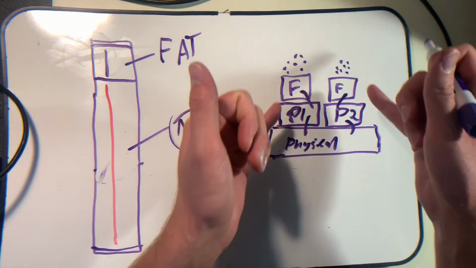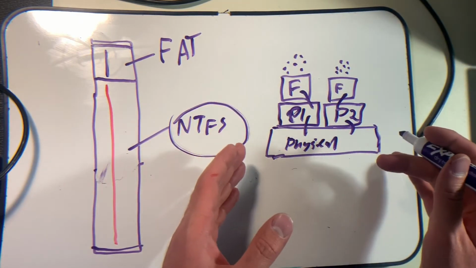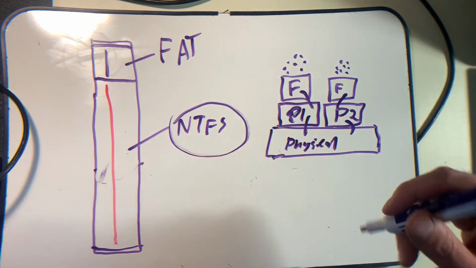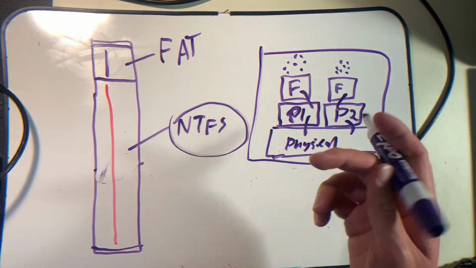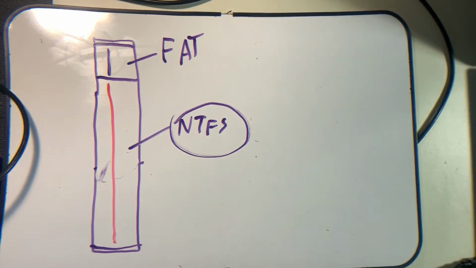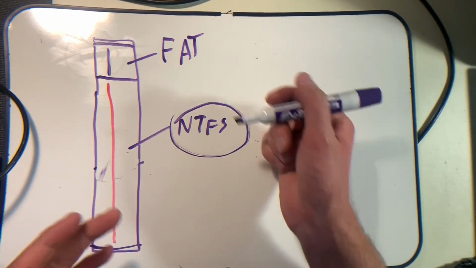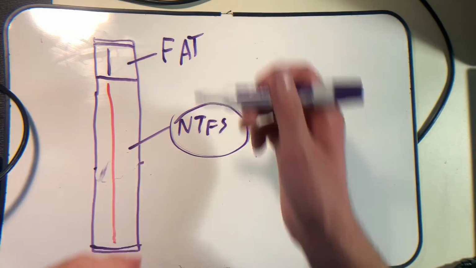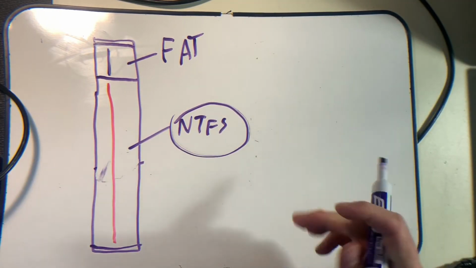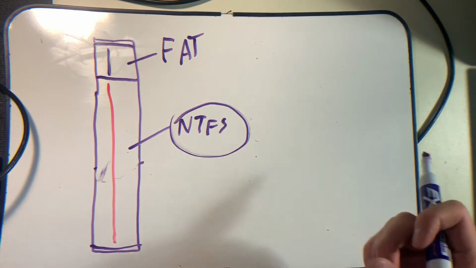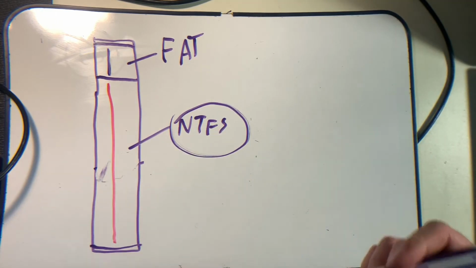But this is generally how it looks when you break down the concept of partitions and file systems. So sort of going back to this example of why you would have two different partitions with two different file systems, you kind of need to go back in time a little bit to see how this came about and why it was done this way.